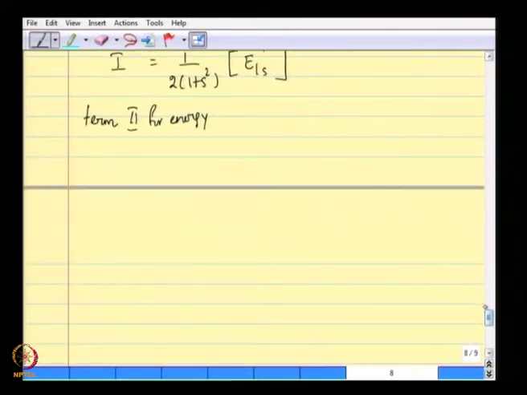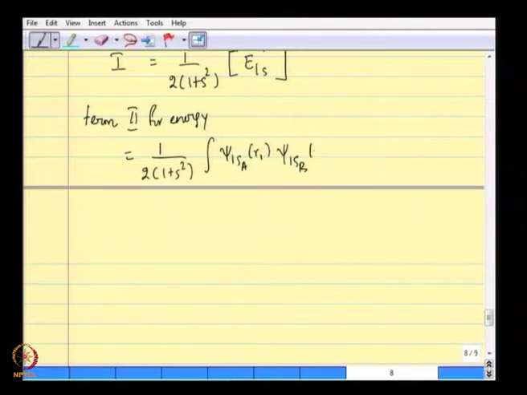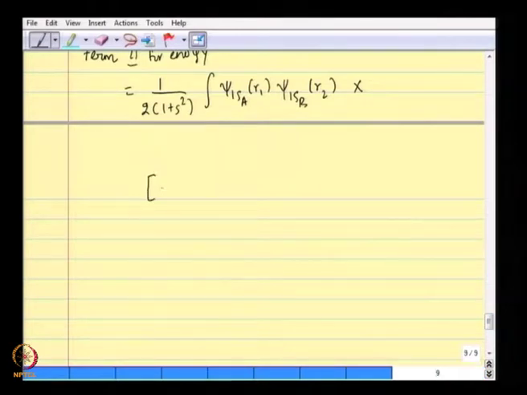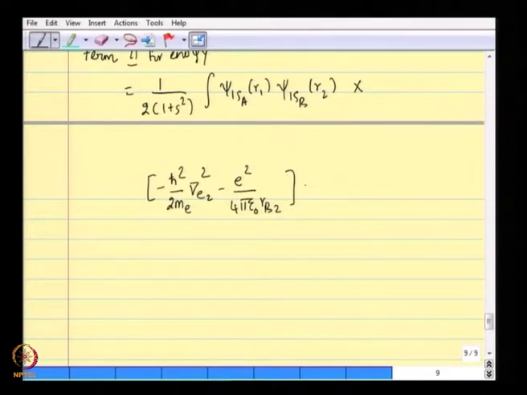involves the same wave function 1 by 2 into 1 plus s square integral psi 1 as A or 1 psi 1 as B or 2 with the Hamiltonian acting on the left, the Hamiltonian being minus h bar square by 2 m e del E2 square, the second electron, minus E square by 4 pi epsilon naught or B2 as we have written, acting on the wave function psi 1 as A or 1 psi 1 as B or 2 D or 1 D or 2.